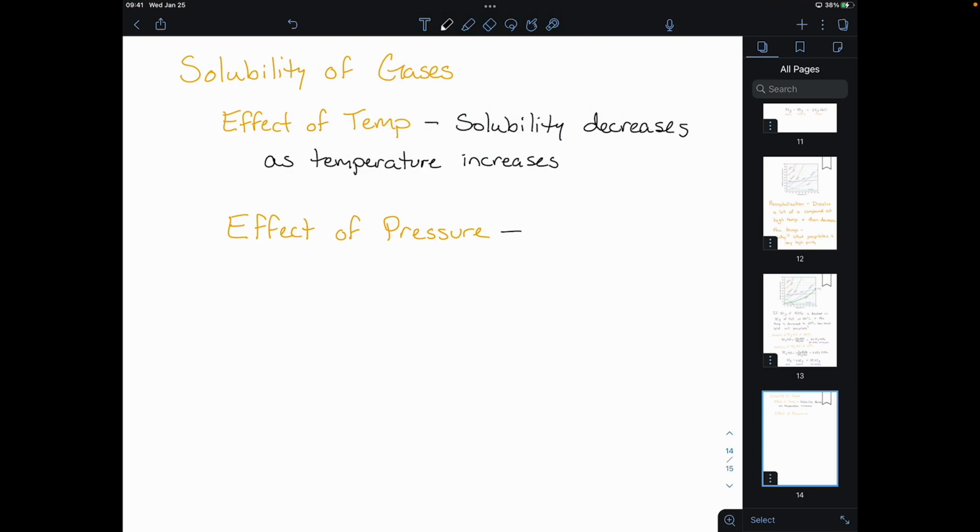Because the pressure of carbon dioxide in this room is much less than it was in that can. So again, we can say across the board, solubility increases as pressure increases.